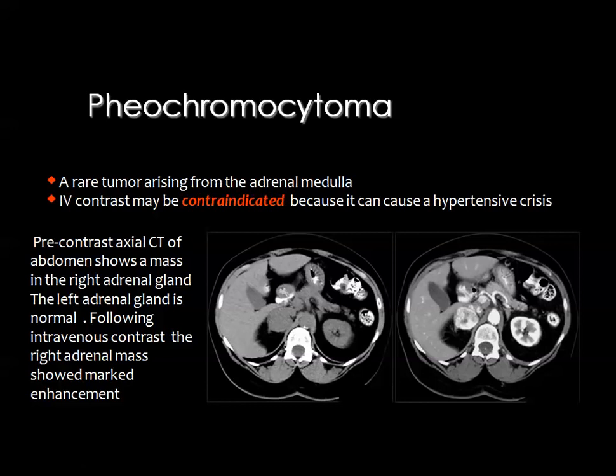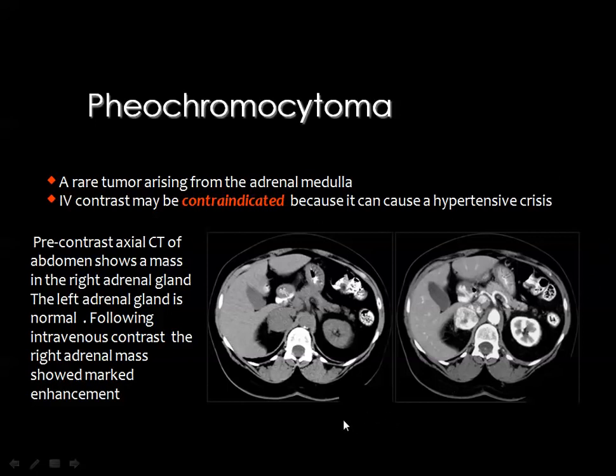And some of the literature says that the injection of contrast media may be contraindicated as it may predispose to a hypertensive crisis, but as you can see, most of the cases are injected with contrast material. And also, they said don't go for CT-guided needle biopsy for the same cause.